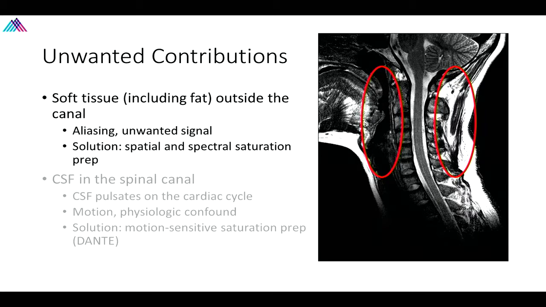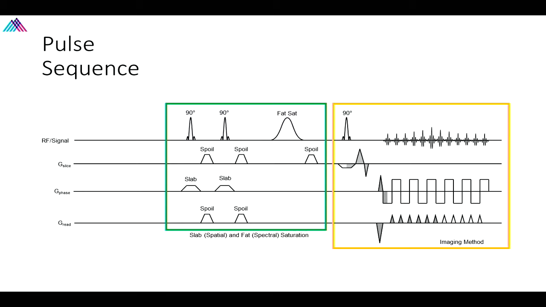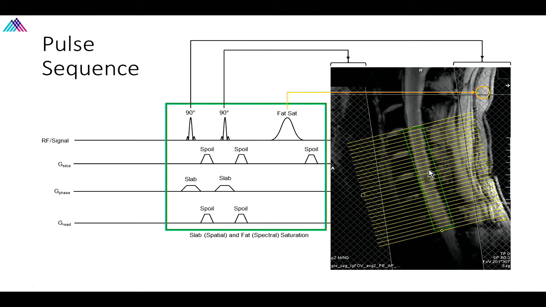So we already have a solution to this, and it's spatial and spectral saturation. So these are very, very standard and very well known. The general idea is we add some preparation pulses before the imaging kernel to spatially and spectrally saturate and remove signal from these unwanted tissues.